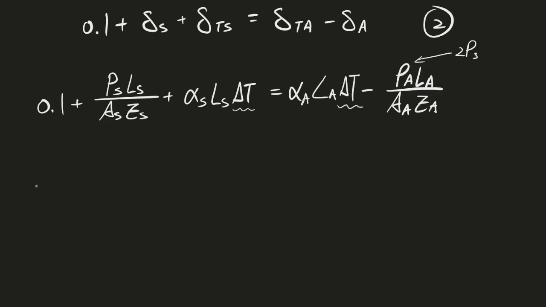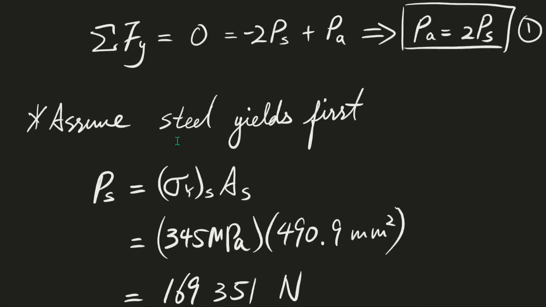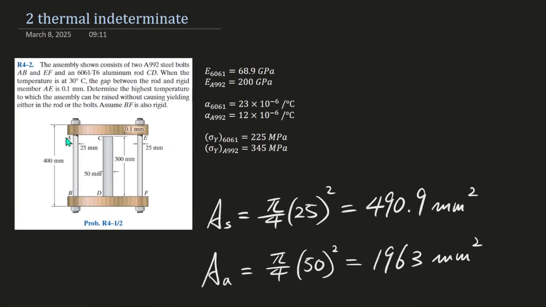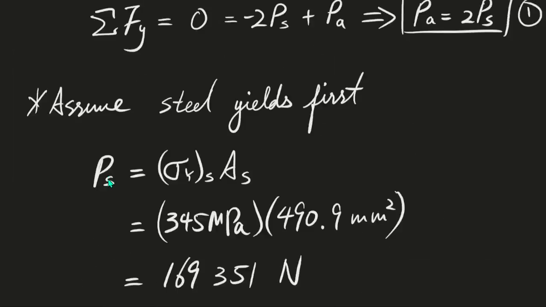So we can plug in some numbers here. 0.1 remains, and PS was 169.4 kilonewtons. The length of steel is 400. Let's double check if it's actually 400. Yeah, cool.